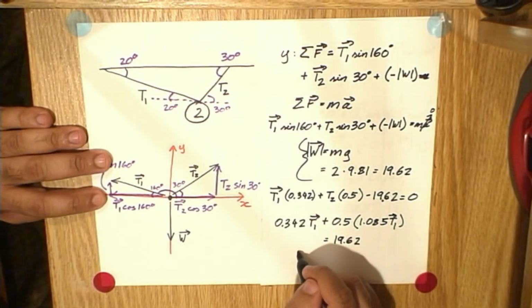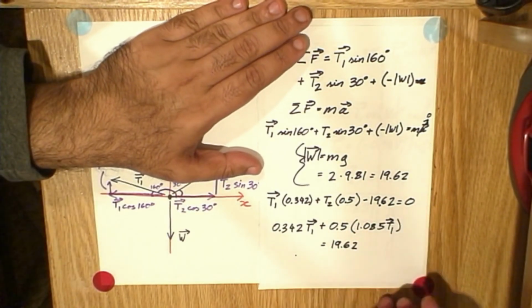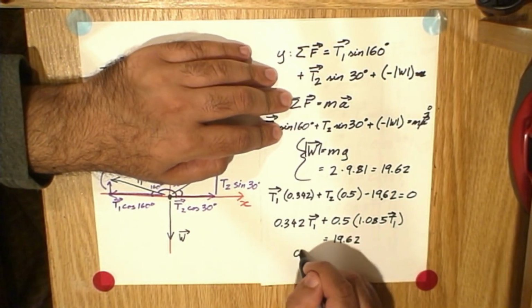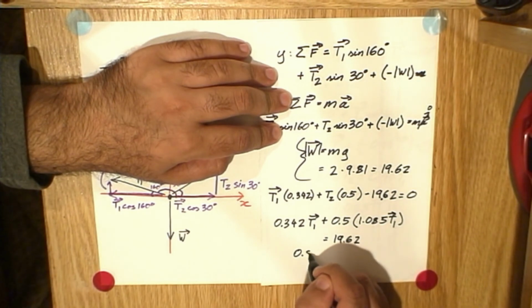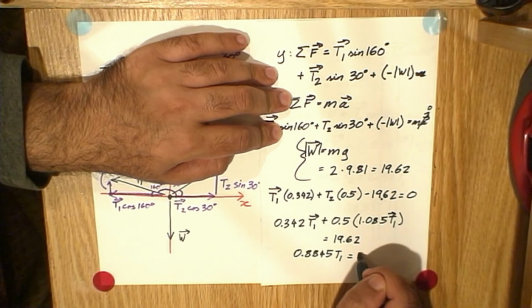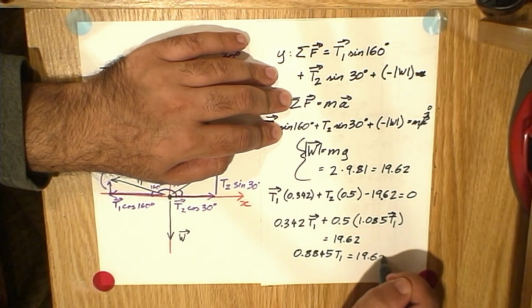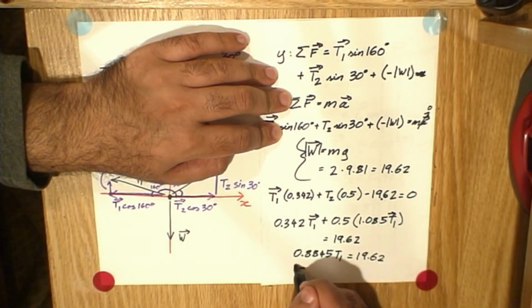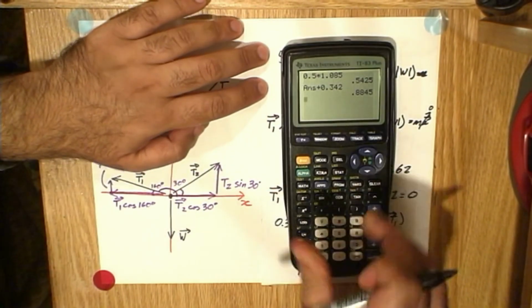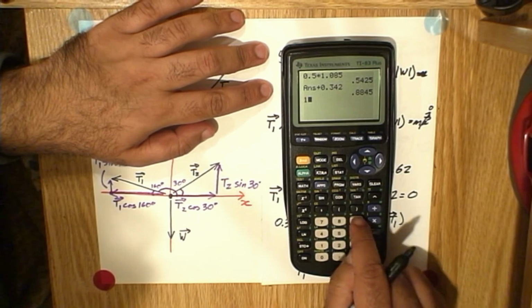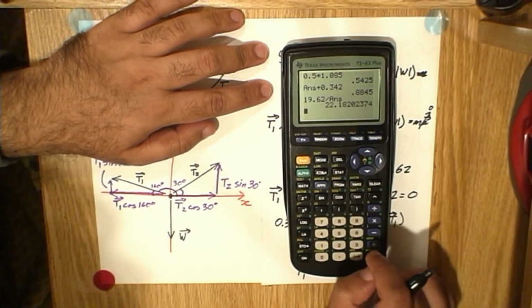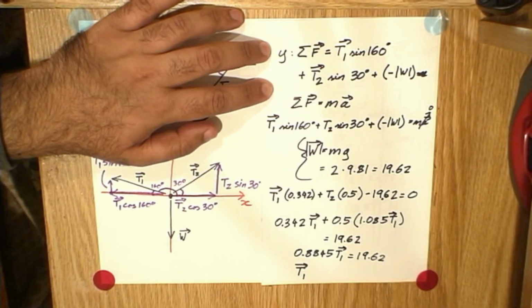So we end up with 0.8845 times T1 is equal to 19.62. Divide both sides by 0.8845 and we get 22.18.